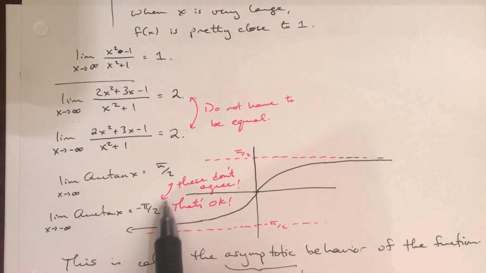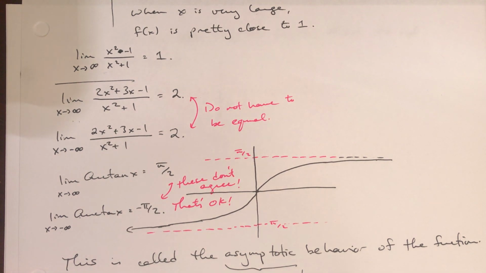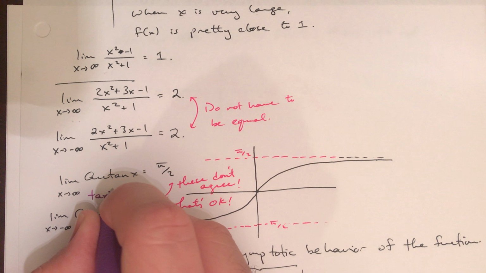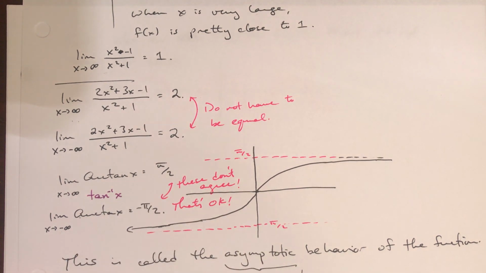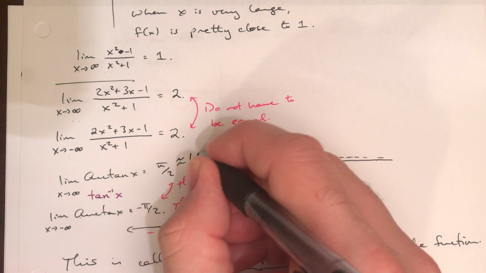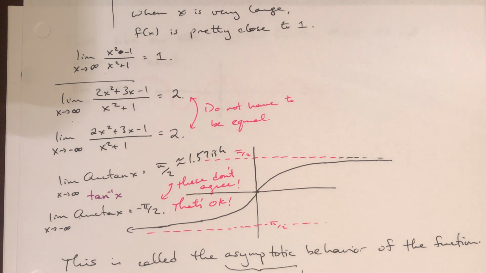And if you do that with something like the inverse tangent, on your calculator this would be written as tangent with the little -1 exponent of x, you would see that these are all very close to 1.57, sort of ballpark, because it's the decimal value for pi over 2.